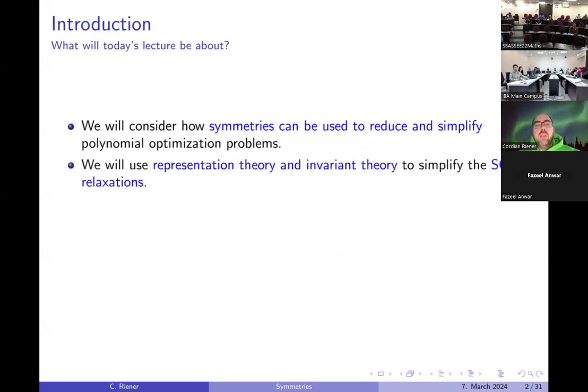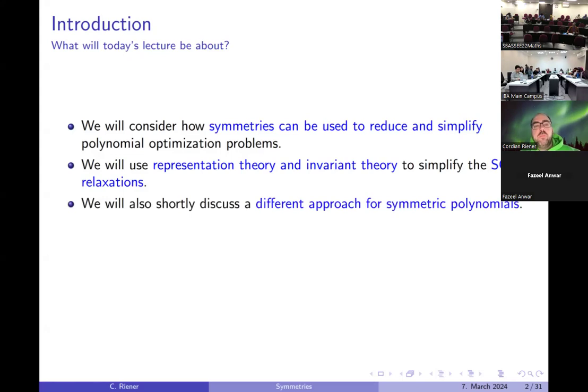The goal will be to see how we can simplify those problems, which I will introduce in two slides, with tools from representation theory and invariant theory, to simplify things that maybe otherwise would not be calculable. And then I also want to shortly motivate another approach, maybe at the end.